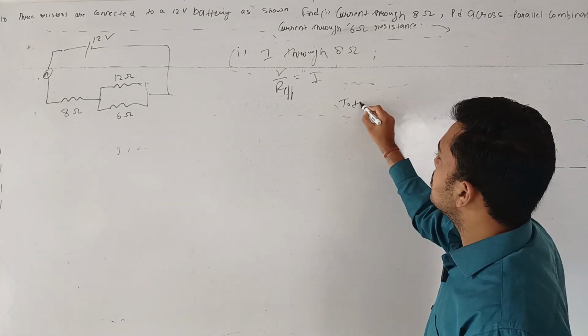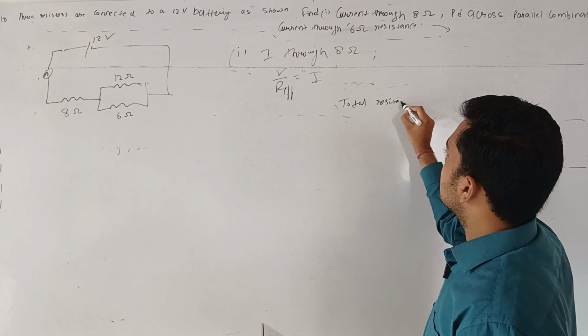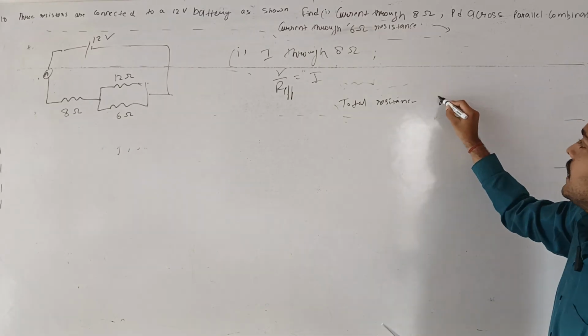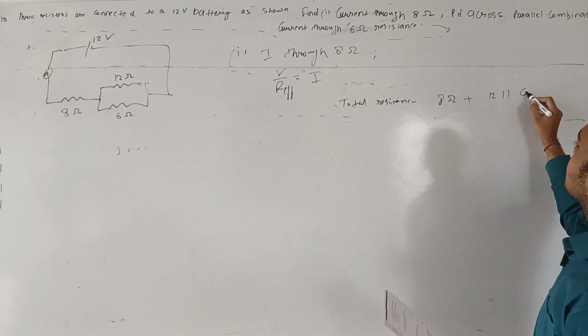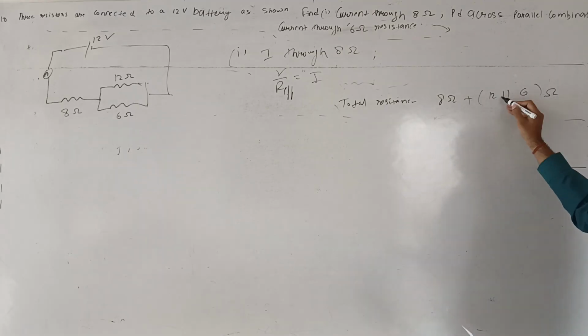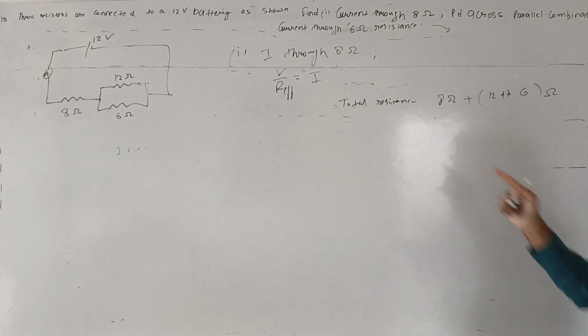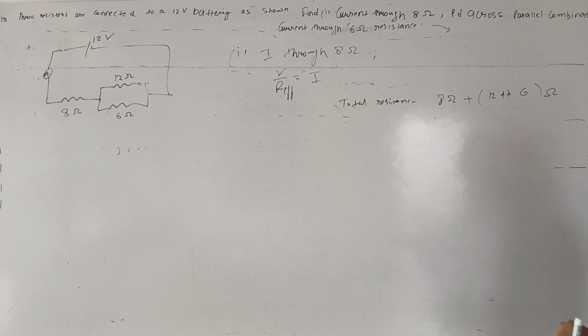So total resistance is 8 ohm plus 12 ohm parallel to 6 ohm. So 8 ohm is in series and 12 and 6 are in parallel.